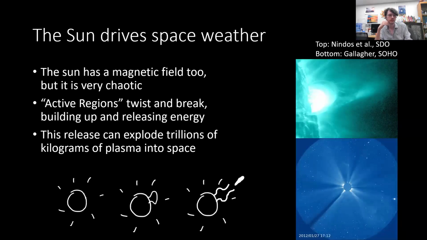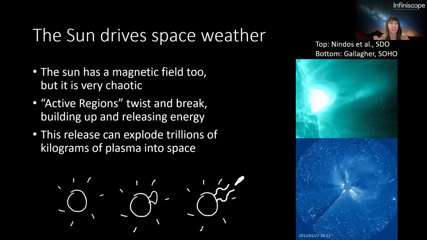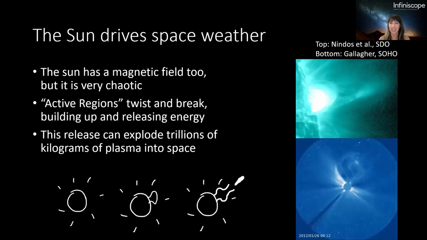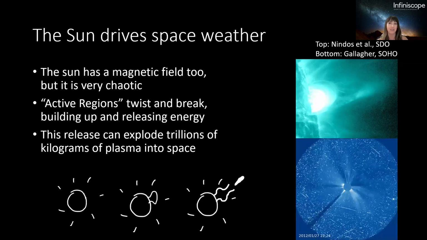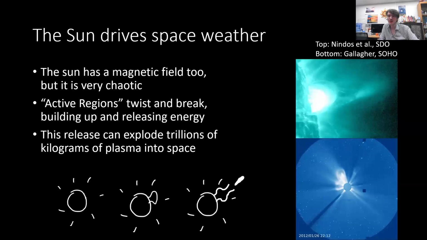All right. So another question here. We're talking about predicting it so that we can take shelter or not launch satellites. Is there any way to build a shield or something that protects Earth from solar flares? So the Earth has a really good shield already. The magnetic field that we have protects us from this kind of stuff.